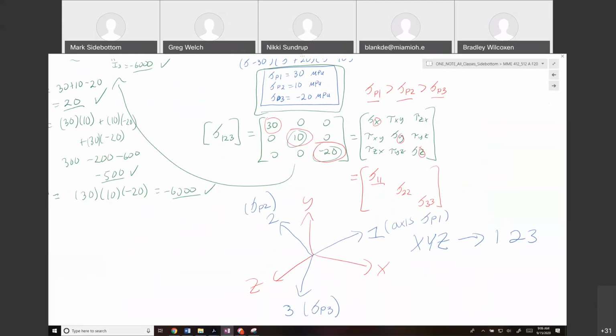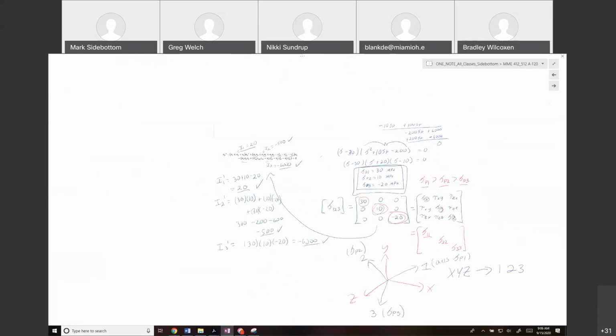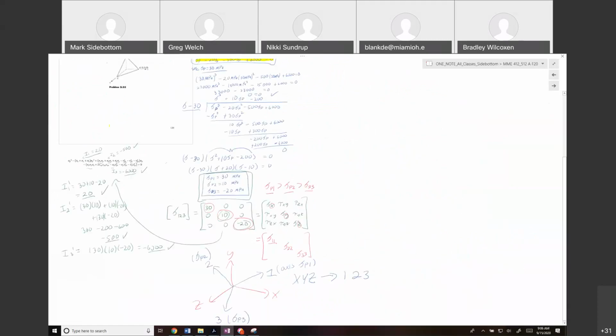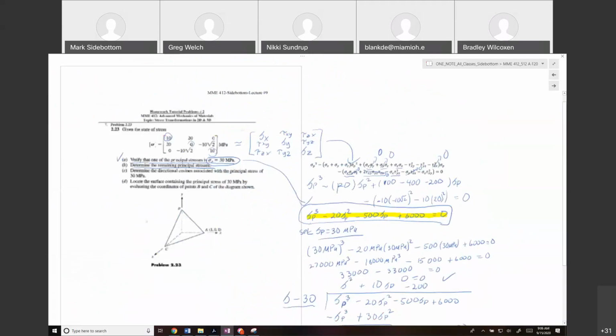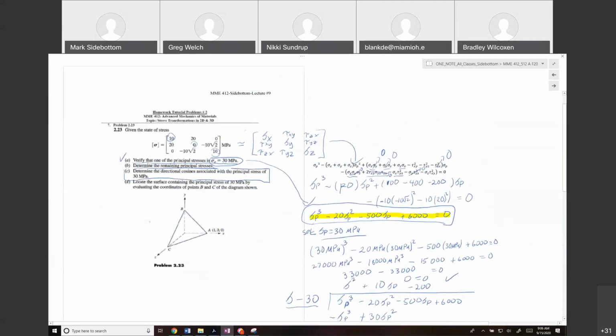All right. So then part C asks us to determine the direction cosines of the principal stress of 30 megapascals.